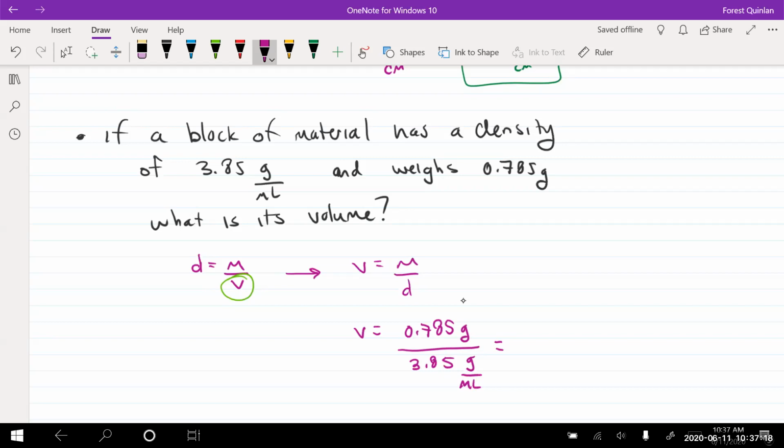And boy, this is a tiny little block, because I made up my numbers wrong. Well, actually, I can fix that. Let me fix that so the numbers are better. 7.85. Oh, I love the magic eraser.